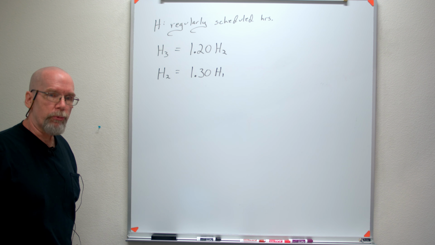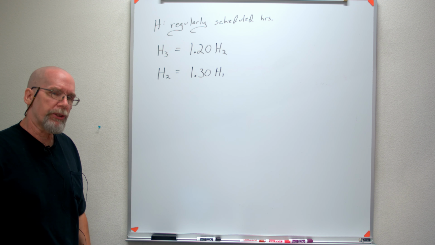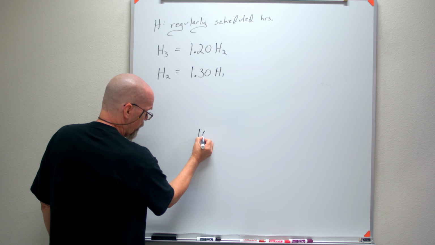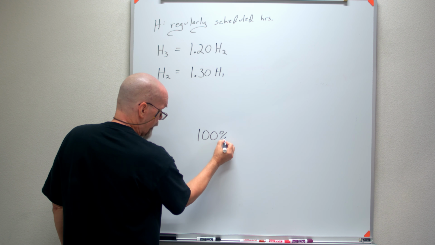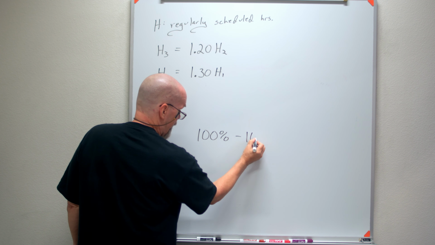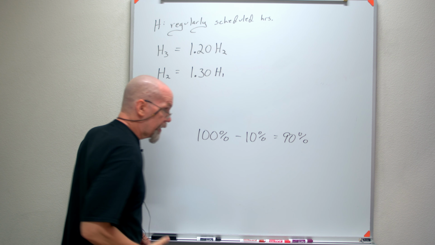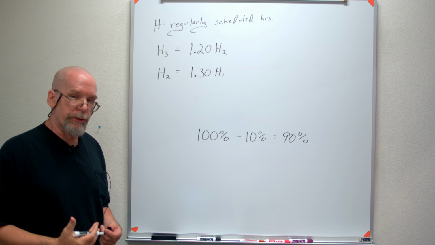And then it tells you as well that she worked 10% fewer hours the first week than she was scheduled to work. 10% fewer would mean her regularly scheduled hours subtracting 10%, which means that she's working 90% as many hours in the first week as she was scheduled to work.